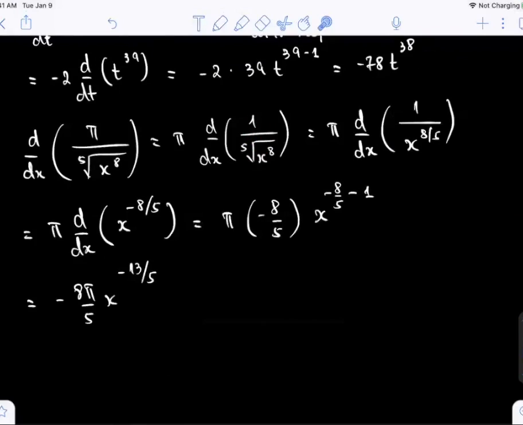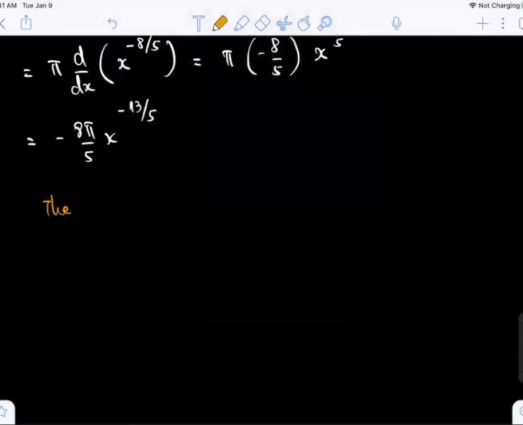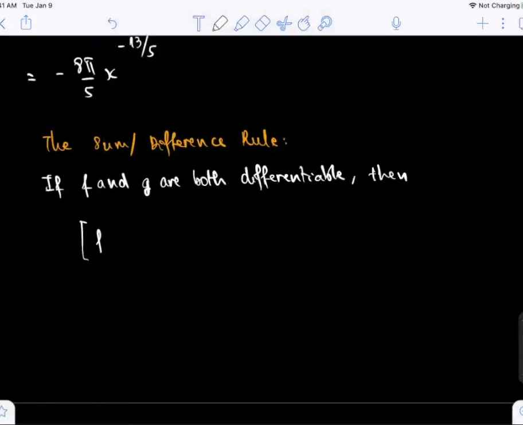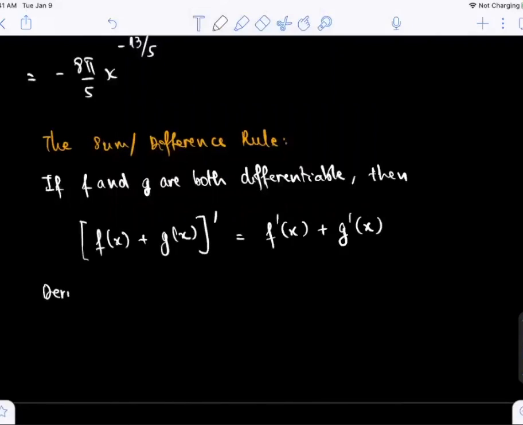Let's move on to the next rule, which is the sum and difference rule. If f and g are both differentiable, then the derivative of a sum is the sum of the derivatives.